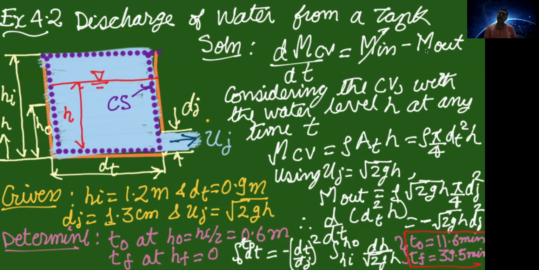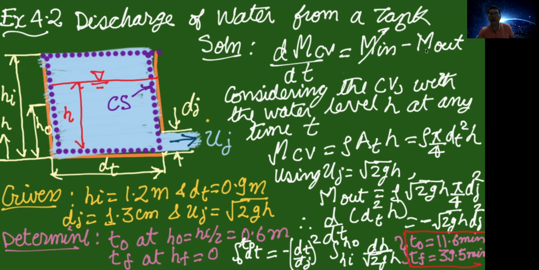If you divide this total discharge time into the time required for the first half discharge and the time required for the second half discharge, then it comes out that for the first half discharge the time required is 11.6, and for the second half discharge the time required is 27.9 minutes. So you can note that for the second half discharge, the time required is 27.9, which is much larger as compared to the 11.6 minutes required for the first half discharge.